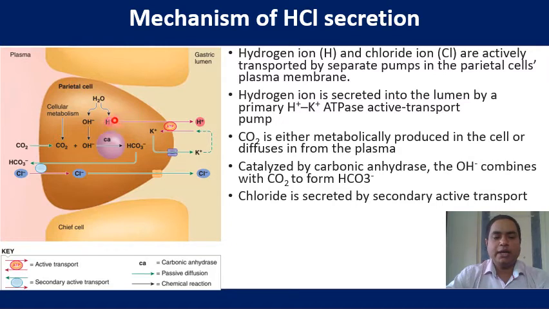The hydrogen ion is then actively transported to the gastric lumen using the H plus K plus ATPase pump. In response to the transport of one hydrogen ion to the gastric lumen, one potassium ion is transported into the parietal cell.